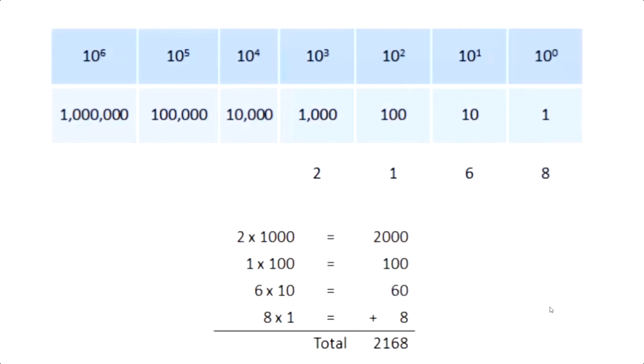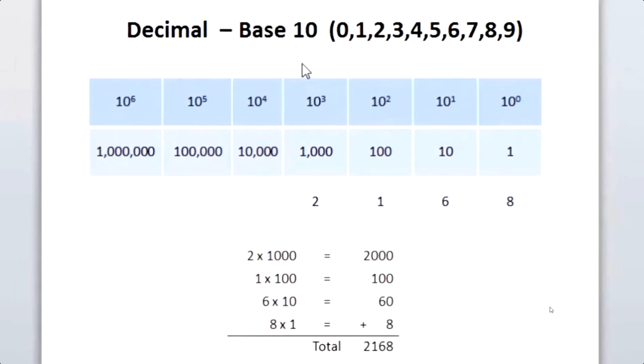The decimal system is base 10. It's based on the fact that you have powers of 10, but more importantly, you have 10 characters or 10 numerals in this counting system, from 0 all the way up to 9. So that means that in each place value, you can have anywhere from the number 0 up to the number 9.